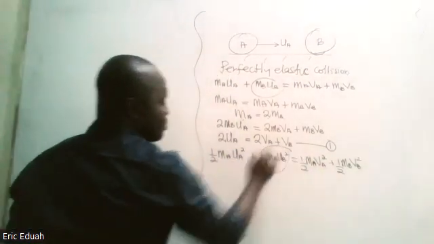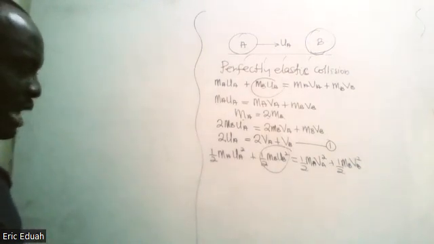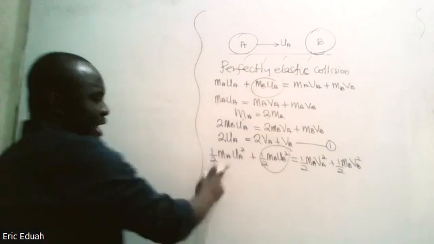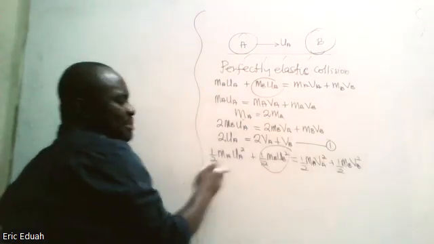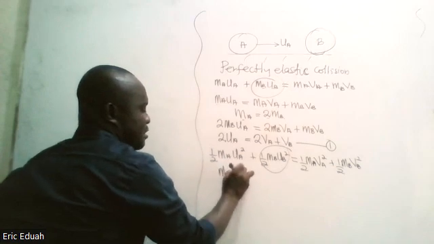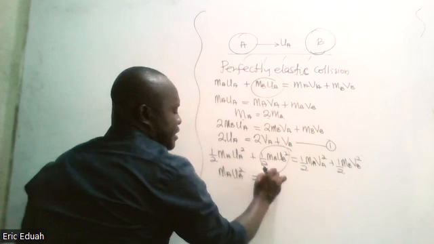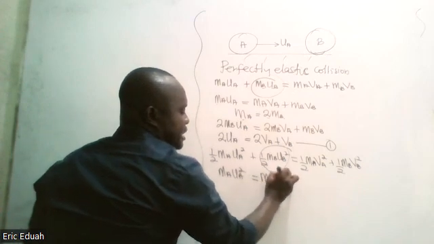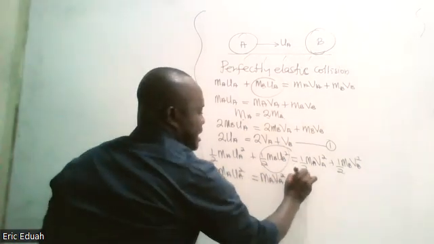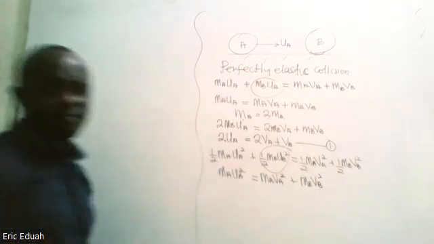This will go to 0 because UB is 0, stationary. When I multiply through by 2, I eliminate the half. MA UA squared is equal to MA VA squared plus MB VB squared.